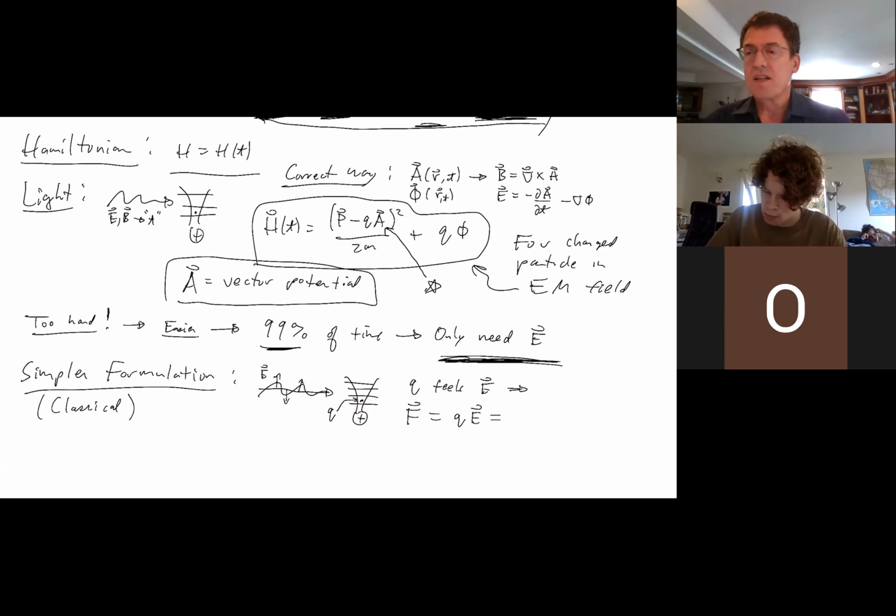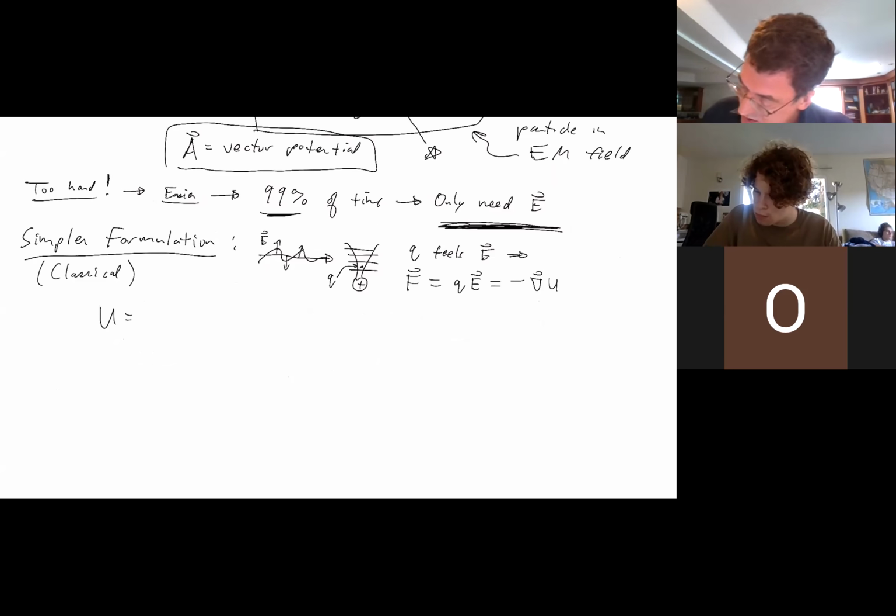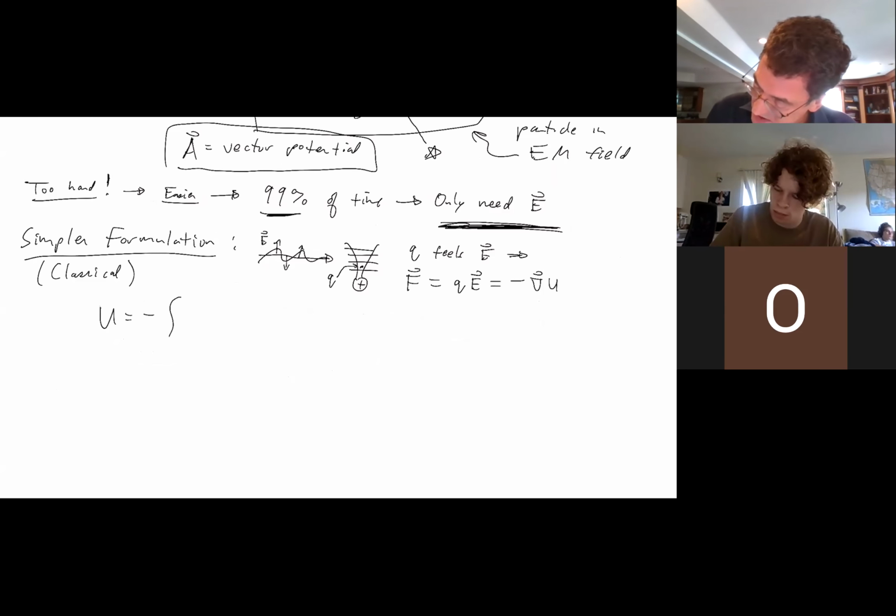And we know that force is equal to a gradient in some potential. I'll call it U, or I could call it V. I'll call it U. And so then we know that U is going to be equal to the negative of the integral, because I can integrate both sides.